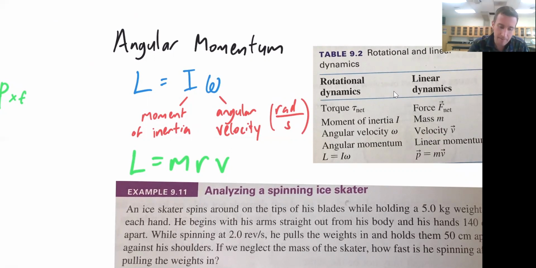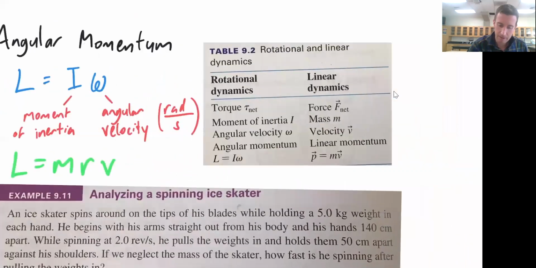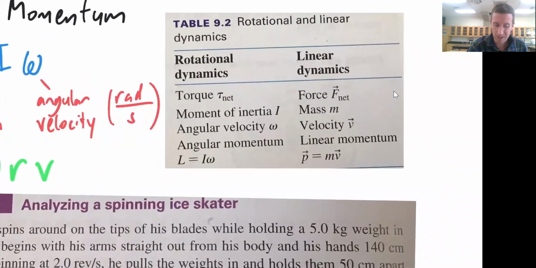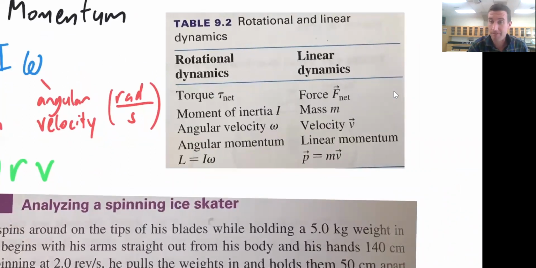So angular momentum, L, is equal to the moment of inertia times the angular velocity. And you'll remember from energy, angular velocity is in radians per second. Moment of inertia is kilograms meters squared. So there's this nice little table just kind of showing that rotational dynamics and linear dynamics have equivalents.